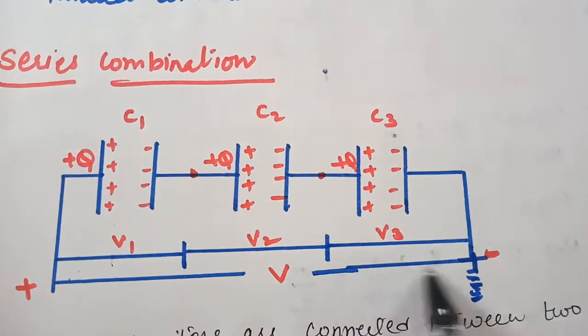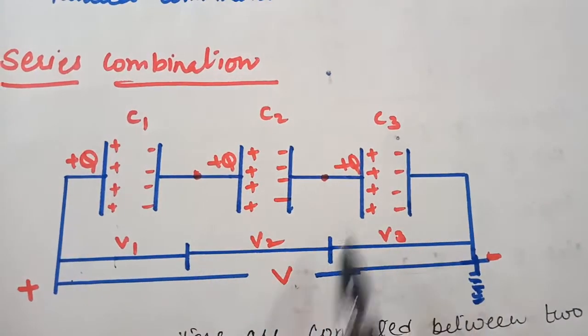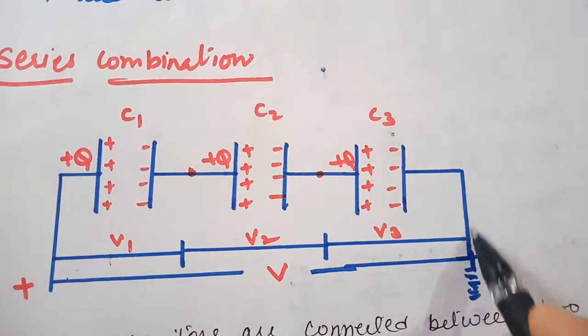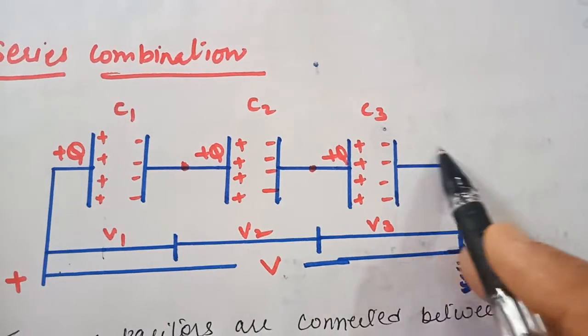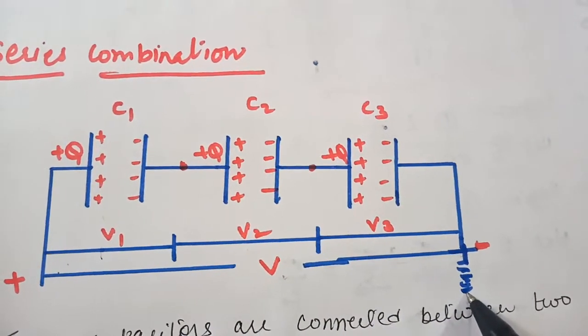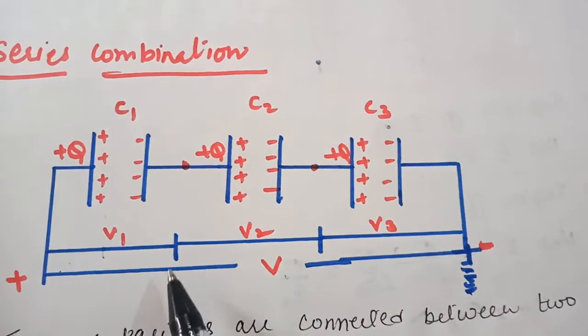So this arrangement is called the series combination, and this last plate is connected to the earth, because you all know very well that when the charge flows into the earth, then the capacity will be more in the capacitor.